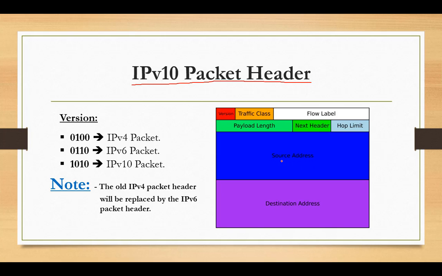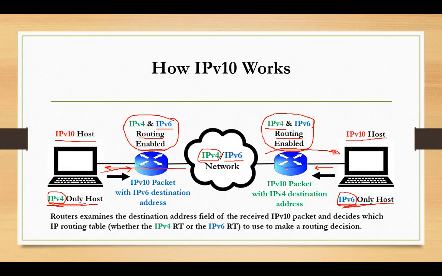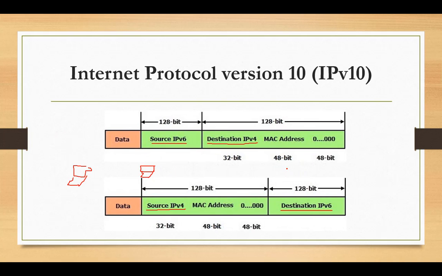Because the source, which is 128 bits, can be an IPv6 or an IPv4 address, but all of you know that IPv4 is only 32 bits. Let's go back to the previous slide.